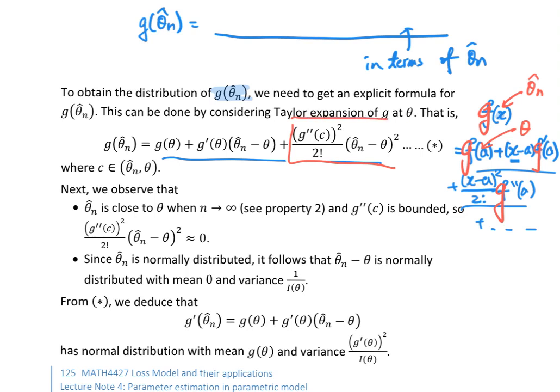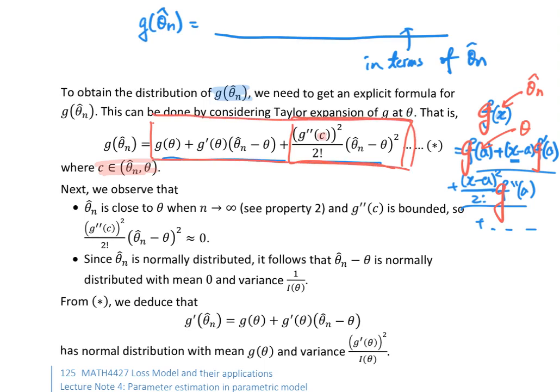By stopping at this point, just be careful that for the second derivative of g, the function value is taken at some arbitrary point c, which is some point between θn hat and θ, as suggested in the Taylor theorem. Nevertheless, forget about this technicality. At least then we have some formula for g(θn hat).